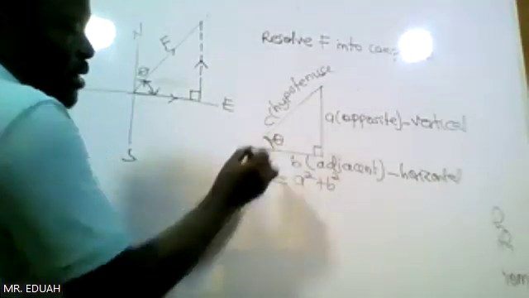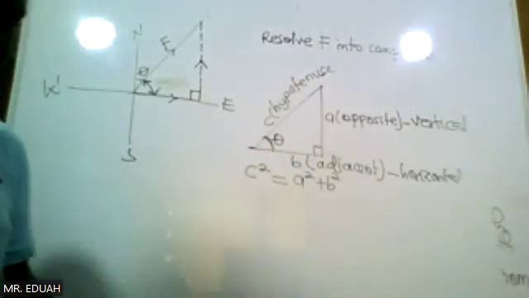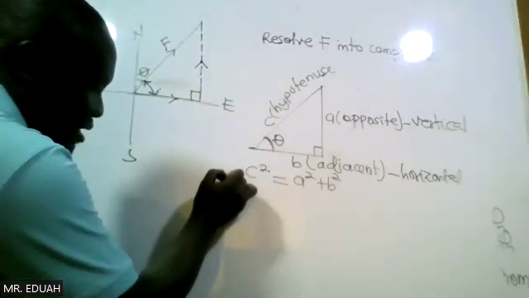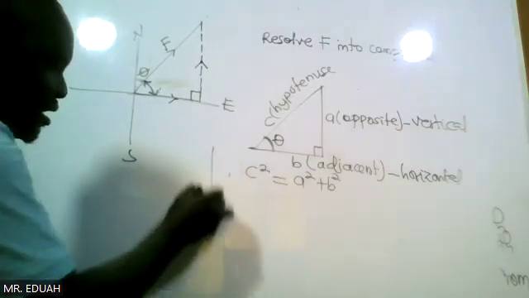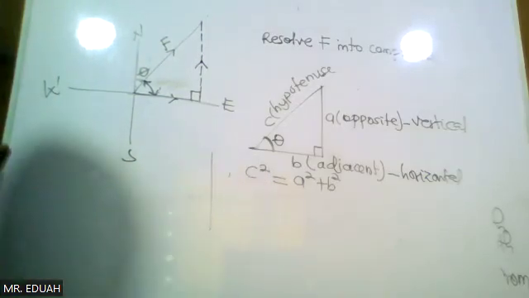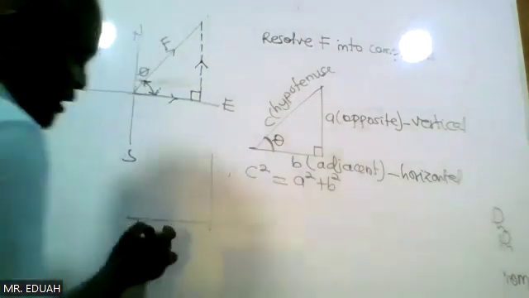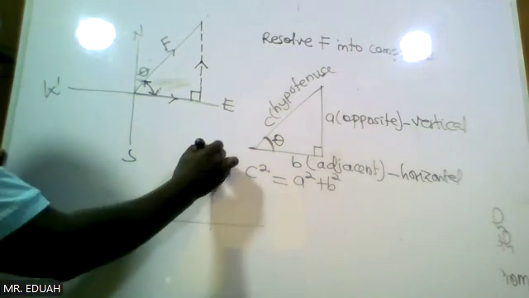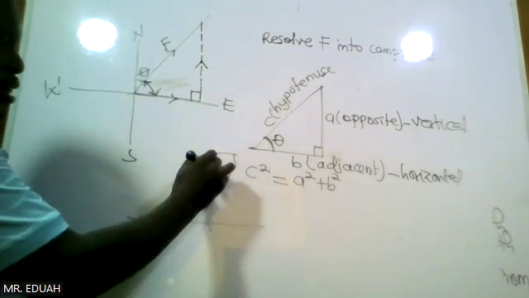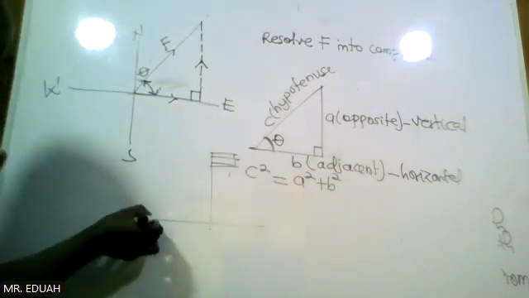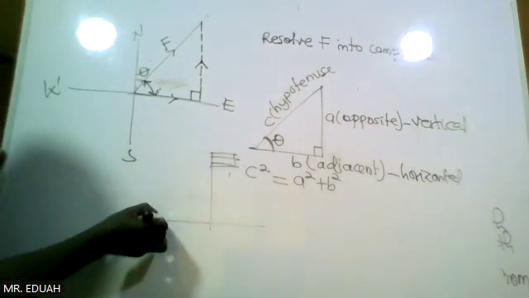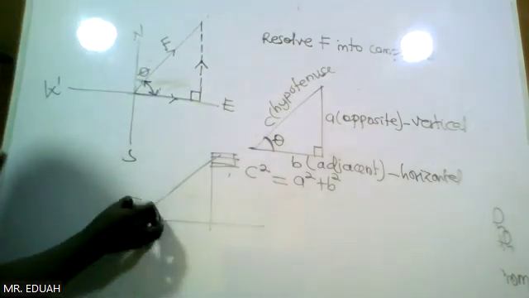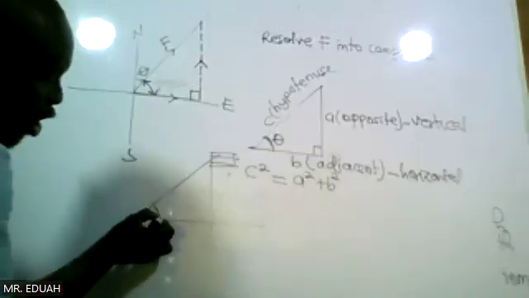This angle is known as the angle of elevation. If you are standing on the ground, and there is maybe a tree or a flag, and you want to look at the flag, the angle through which you need to turn your eye to view the flag, you will raise your eye or elevate your eye.